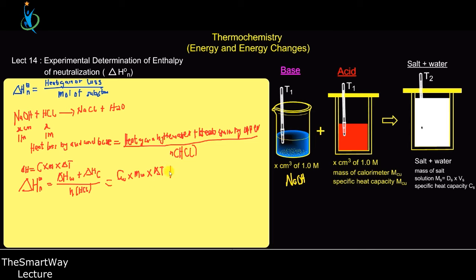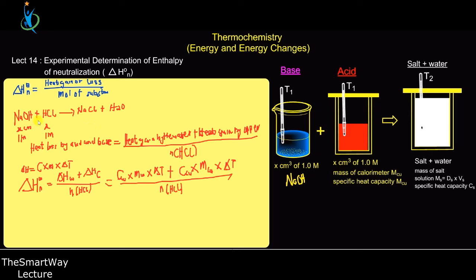Then you add it to the heat gained by the copper, and the heat gained by the copper you get from the specific capacity of the copper. You multiply the specific capacity of the copper times the mass of the copper times again the change in temperature of the whole solution. And all this is divided by the mole. So this is what to do.